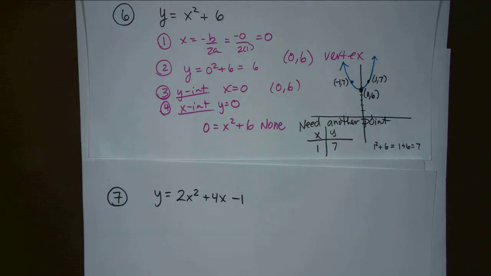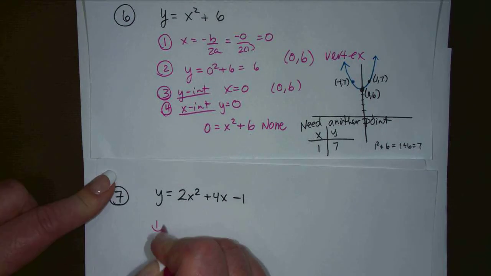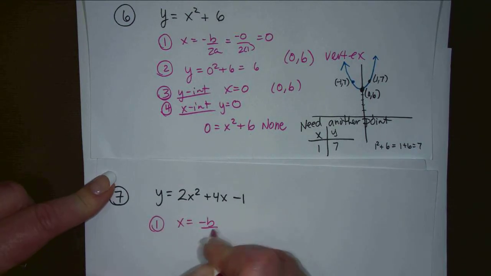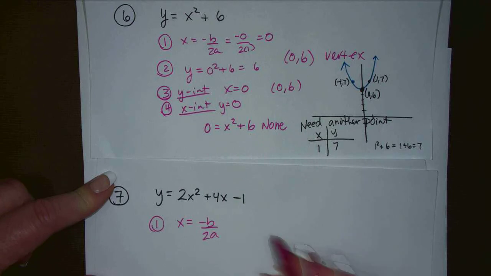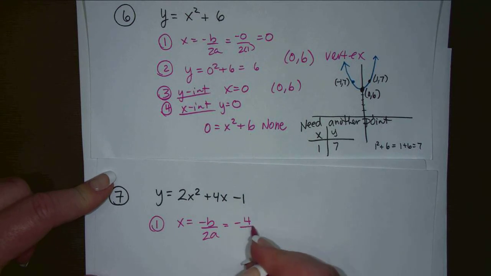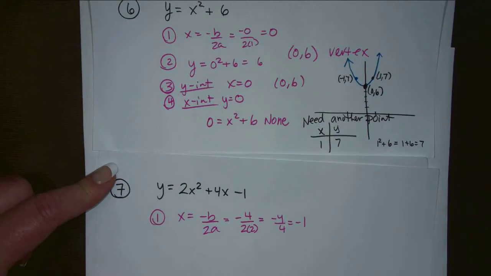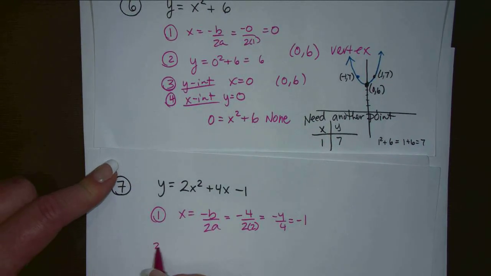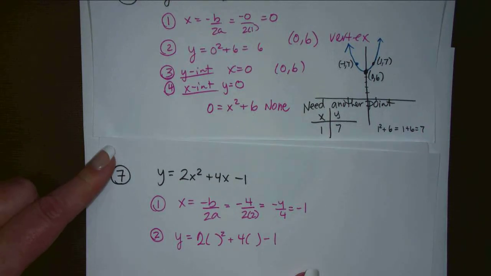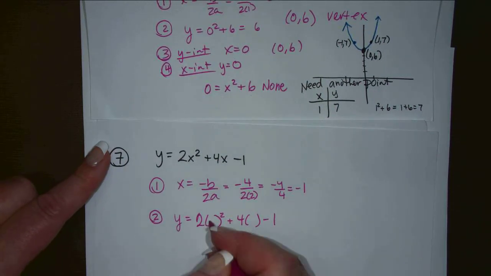Okay, still find the vertex the same way. So minus 4 over 2 times 2. Minus 1, works out nice, it's not a fraction. Now find the y value. So I just took out the x's, and in their place I'll put a negative 1.